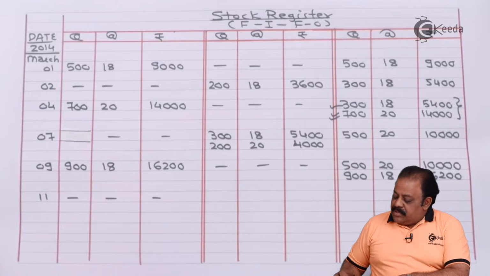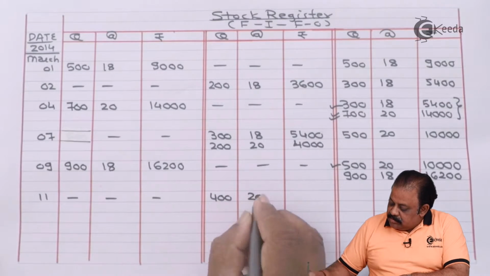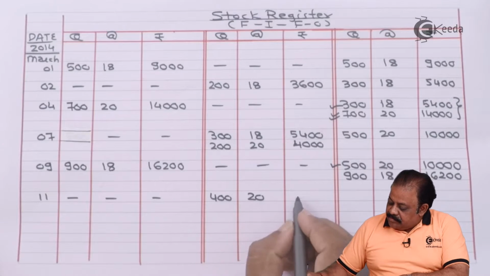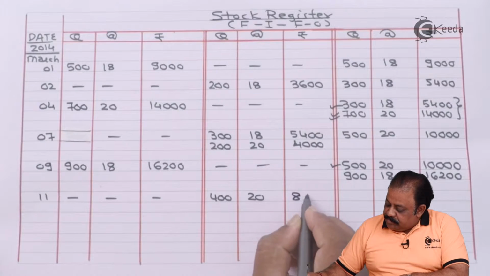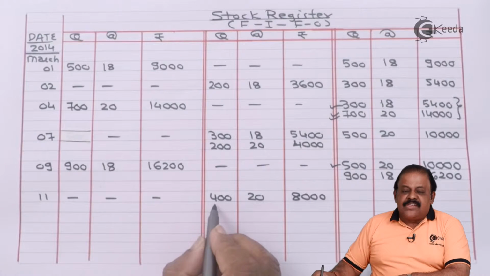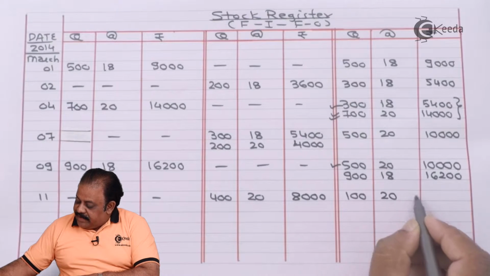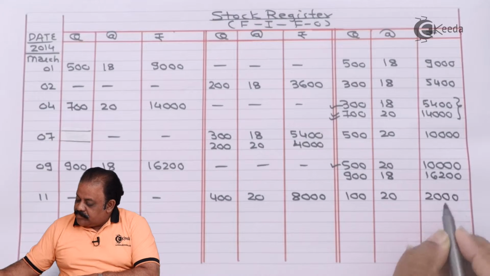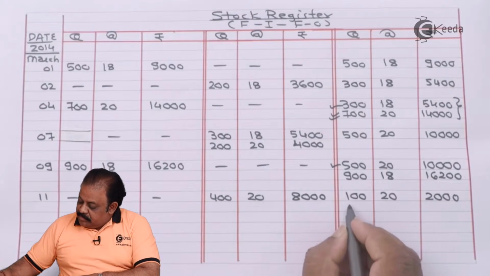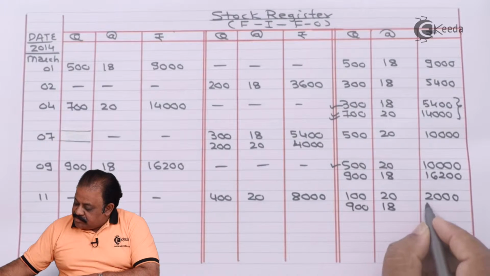Sale of 400 units will be issued from this stock. Rate will be 20 rupees. Value 8,000. Out of 500, 400 units are issued. So balance is 100 units at the rate of 20. So it's 2,000.